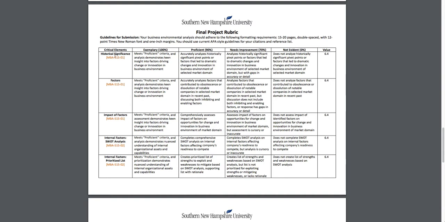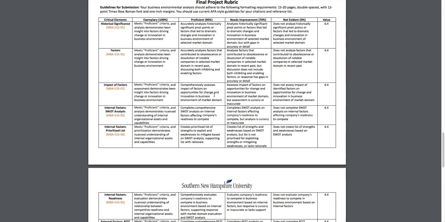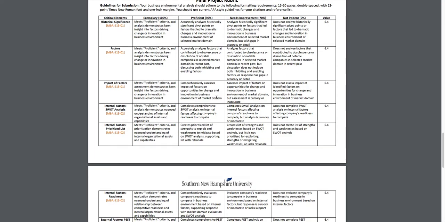You've talked about the historical significance, a little bit about why your innovation or your business idea is relevant, and what kind of problem it solves. You've talked about the factors. Some of this you've also talked about in the discussions. This course was designed to use the discussions to actually help you write your papers. You probably figured that out.